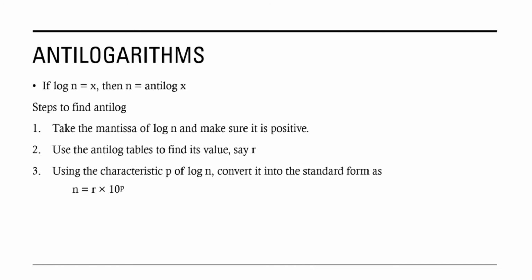Then using the characteristic p of log n, we can convert it to the standard form as n is equal to r into 10 raised to p. It is just the reverse of how we do for logarithm. In logarithms, we first write the standard form and then find the log of that number. Here we first take the mantissa, then find its antilog, and then convert it into the standard form.